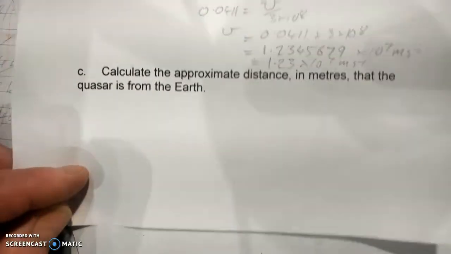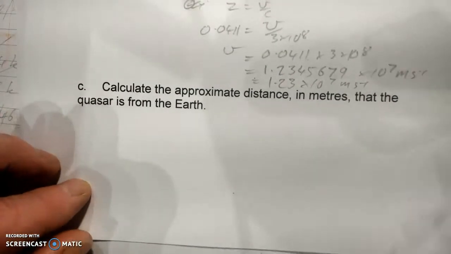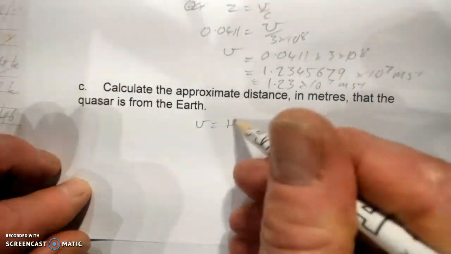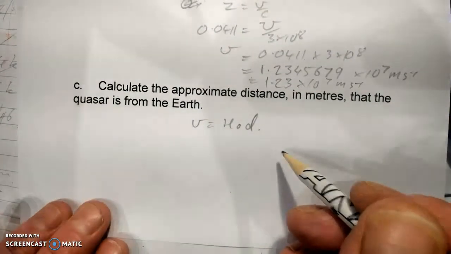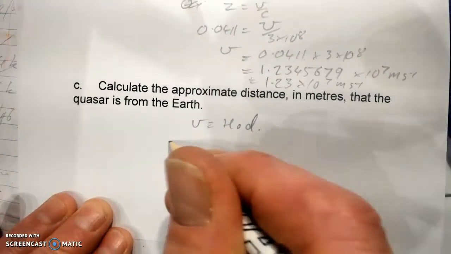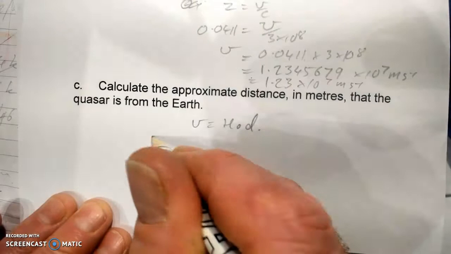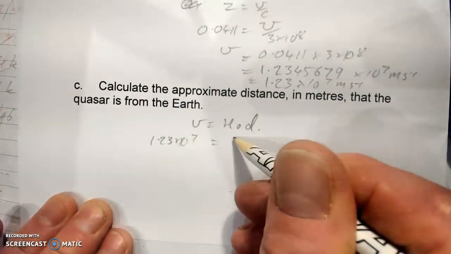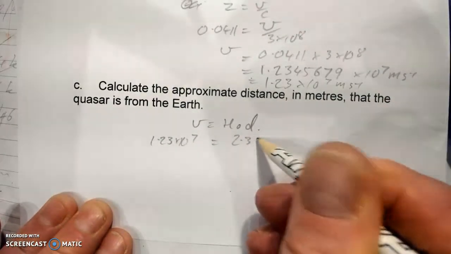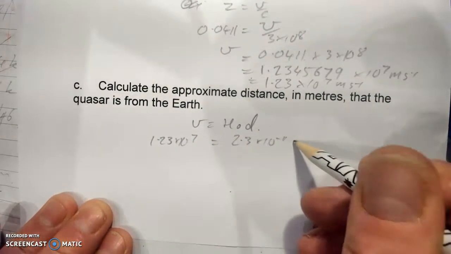For the last question for distance, we're then using v equals Hubble's constant times the distance. So in that case, the speed we do know is 1.23 times 10 to the power 7 equals Hubble's constant, which is 2.3 times 10 to the power minus 11 times the distance.